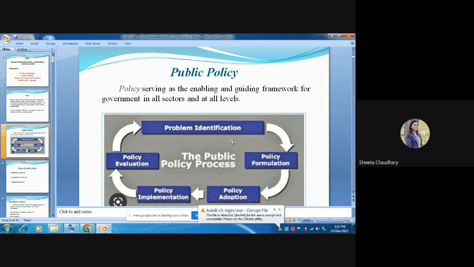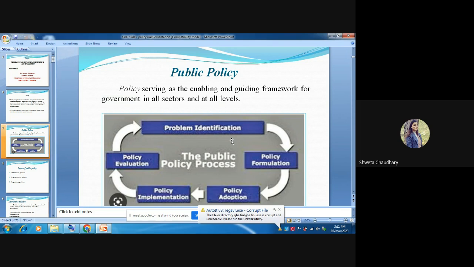So the government assesses all these things, whether there is better education, better health, whether the standard of living is good or not, and what are the factors relating to the upgradation of these things. So they took the step of finding out the problems in the health sector, in the education sector, in the income sector.